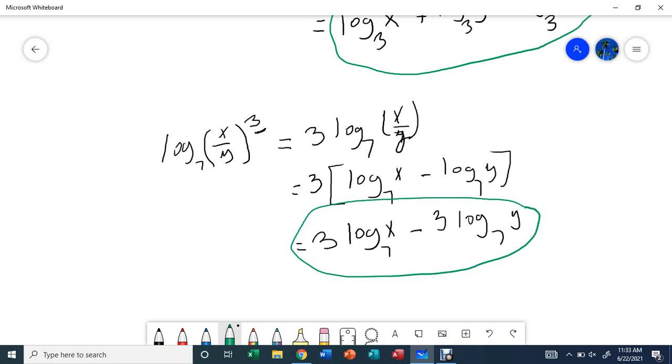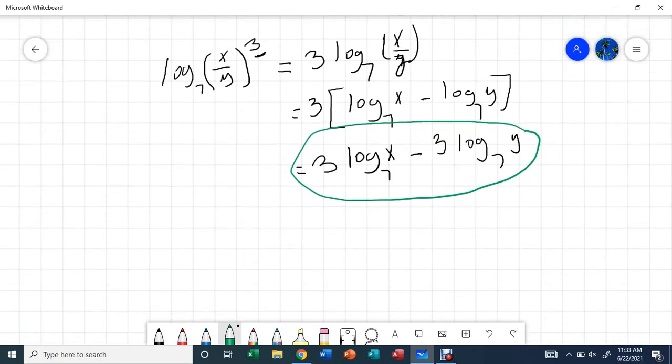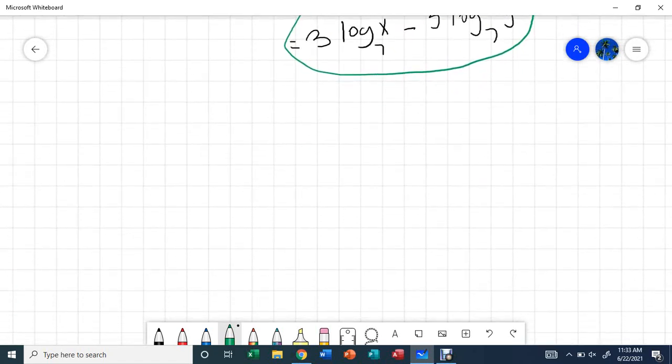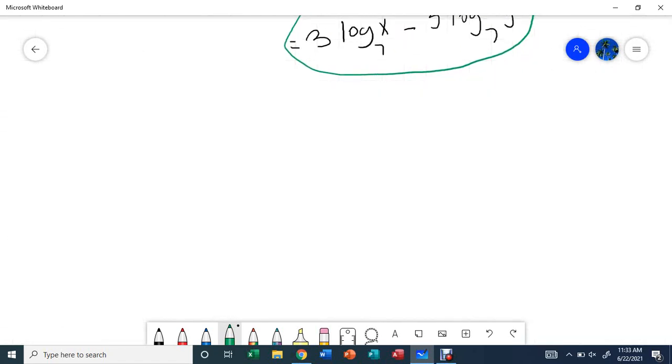Now the last example is using the equality rule and the quotient rule and the power rule. So let's do the last example here. So solving this equation, log base 8 of 1 over 8 equals y.